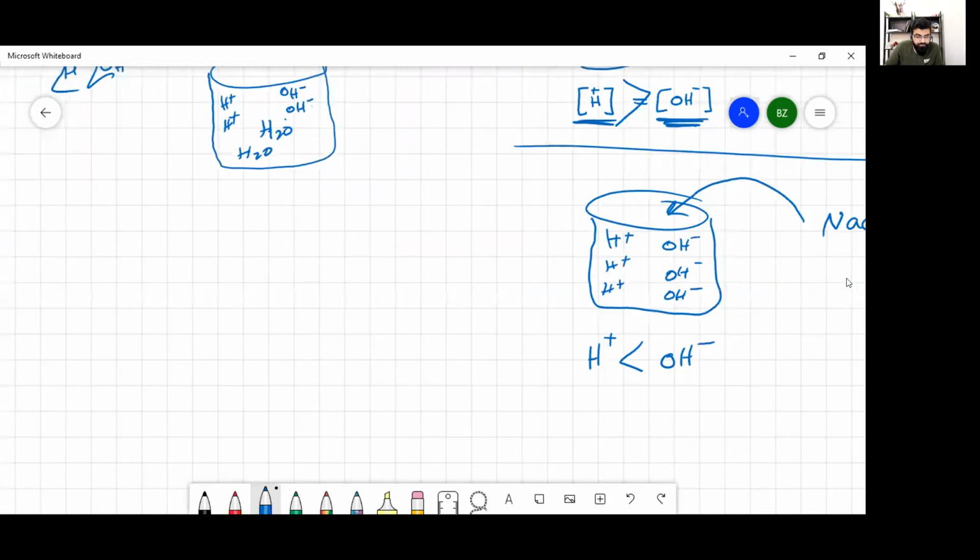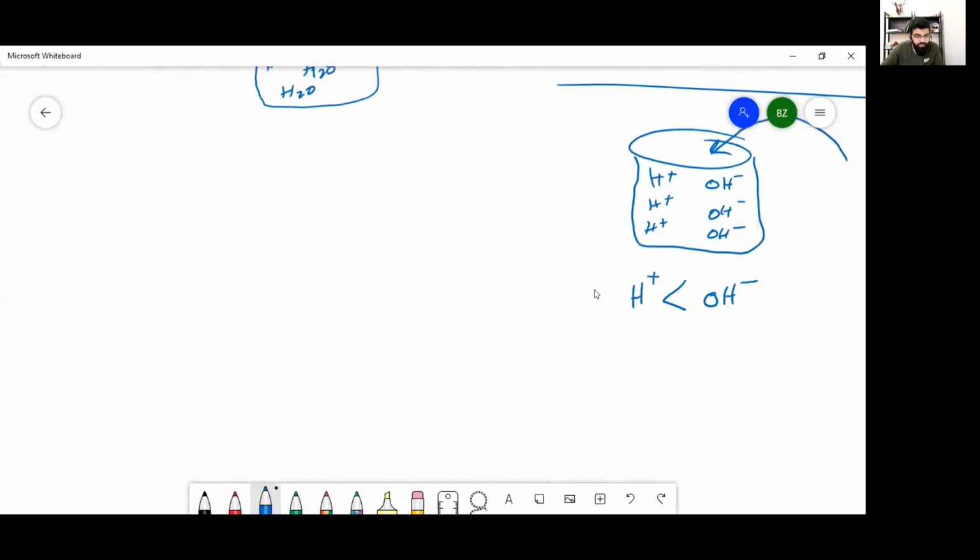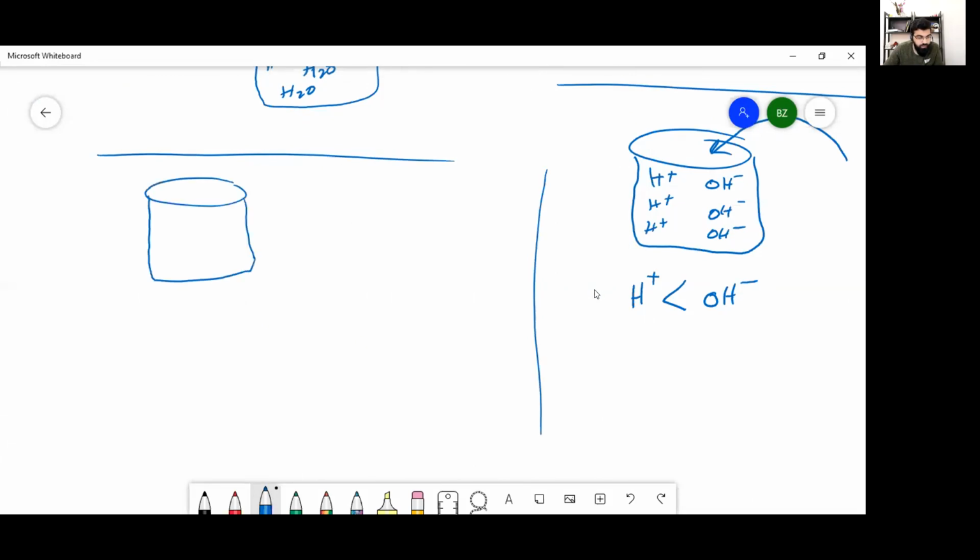Okay, scientists measured the concentration of H plus here. In this water, they found the concentration of H plus equal to 0.000007. And because the H plus equals the OH minus, I'm talking about concentrations, the OH minus concentration is the same number.